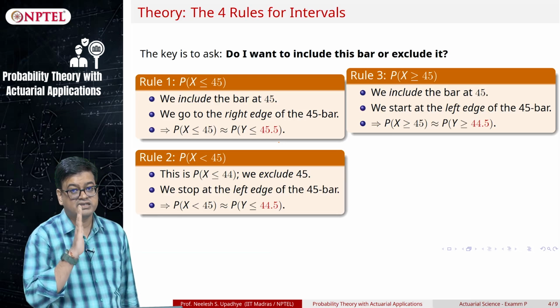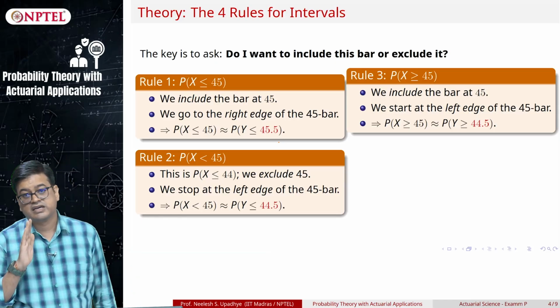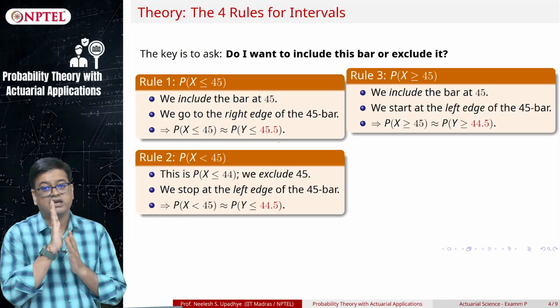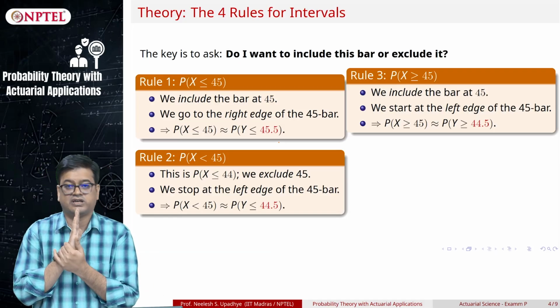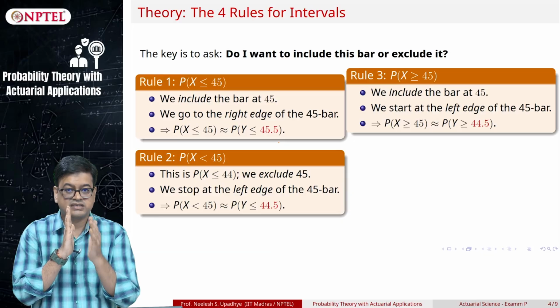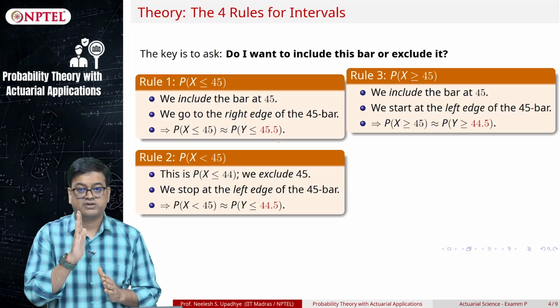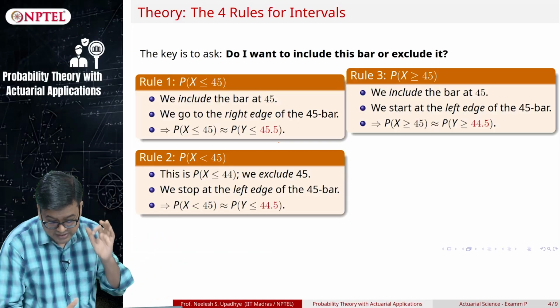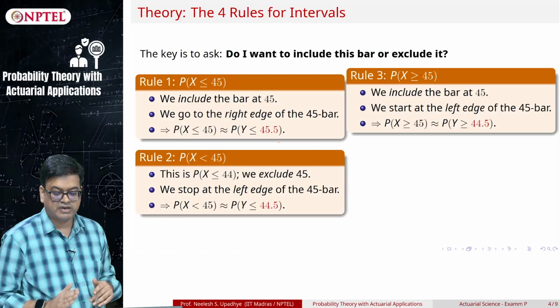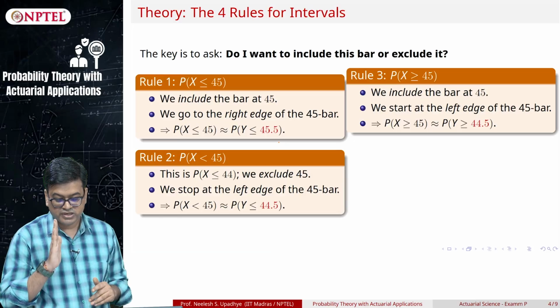If 45 is included, that means when I am talking about greater than or equal to 45, I should exclude 45 in this greater than or equal to sign. 45 is included, so included in this other complementary inequality. So this is very important.